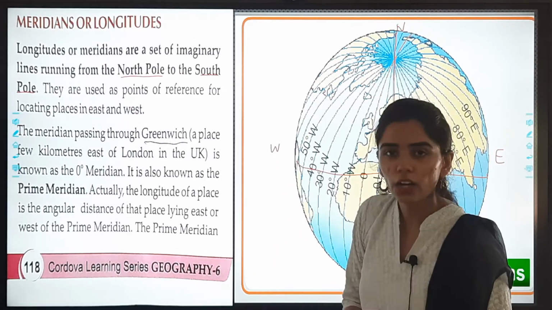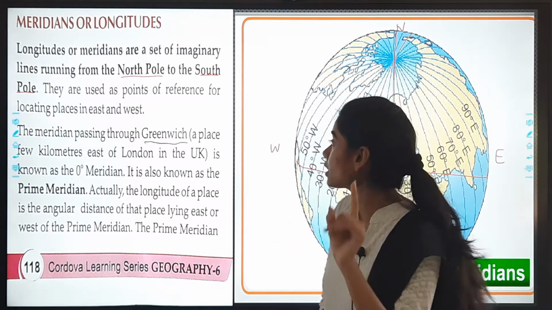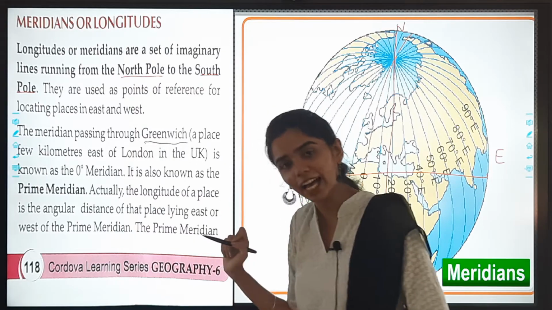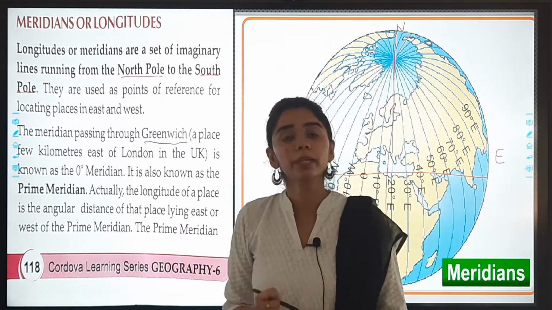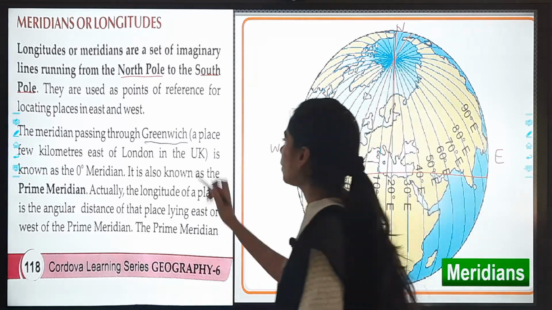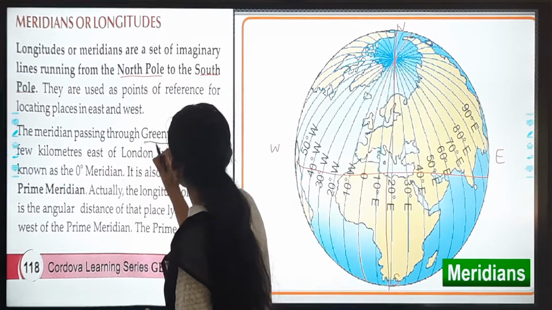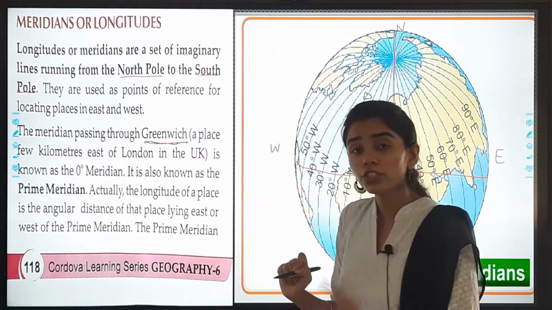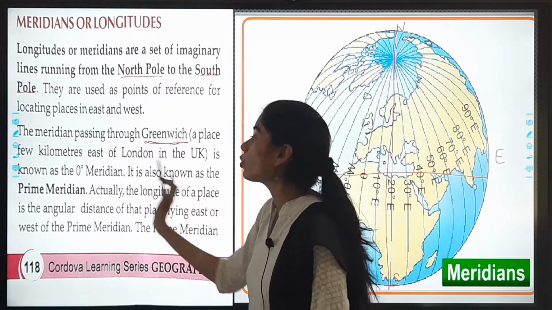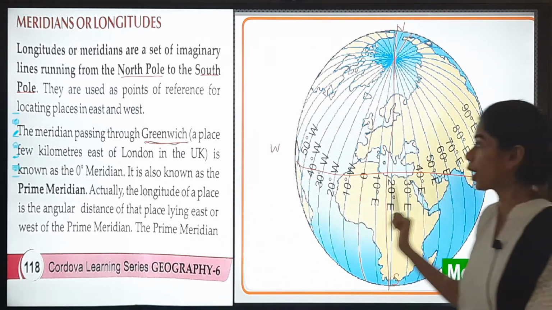Okay, this is longitude. They are used as point of reference for locating places in east and west. The meridians passing through Greenwich, very important, please underline it. Now Greenwich is what? It is a place few kilometers east of London in the UK.